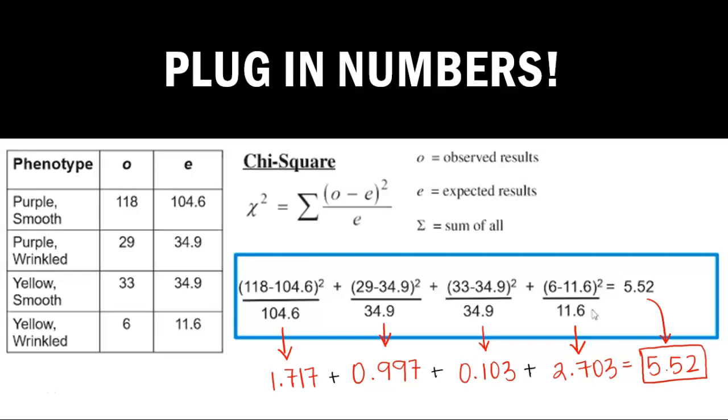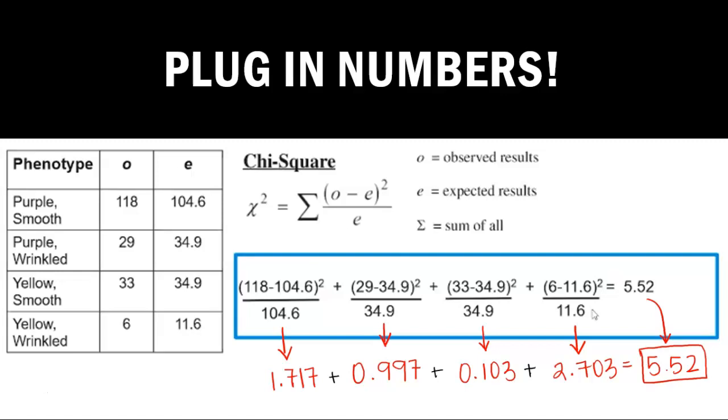Then I'm going to do purple and wrinkled. 29 minus 34.9 squared over 34.9 gives me 0.997. Going on to my yellow and smooth, I have 33 minus 34.9 squared divided by 34.9. So that's going to give me 0.103.